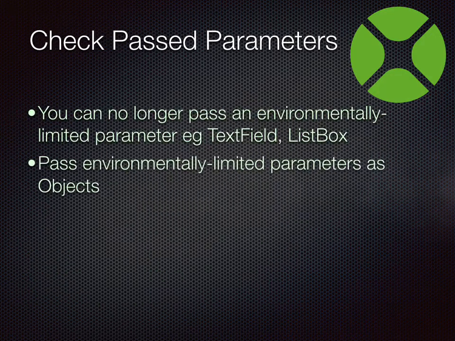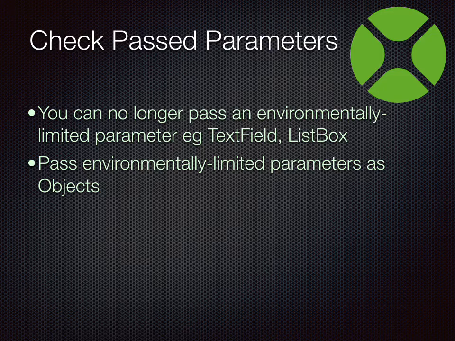Now, one of the things that you will find when you go across multiple environments is that you can no longer pass environmentally limited parameters. For example, I used to pass things like a text field or a list box off to a method to work on. You can't do that because a web app doesn't have a text field object.